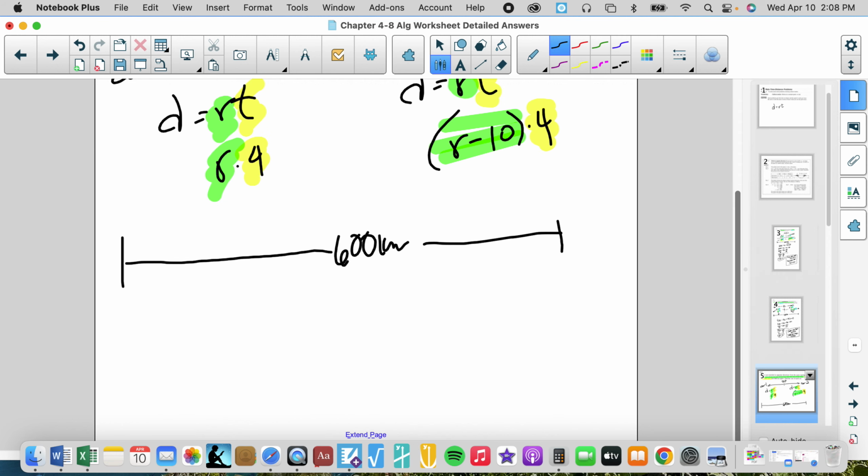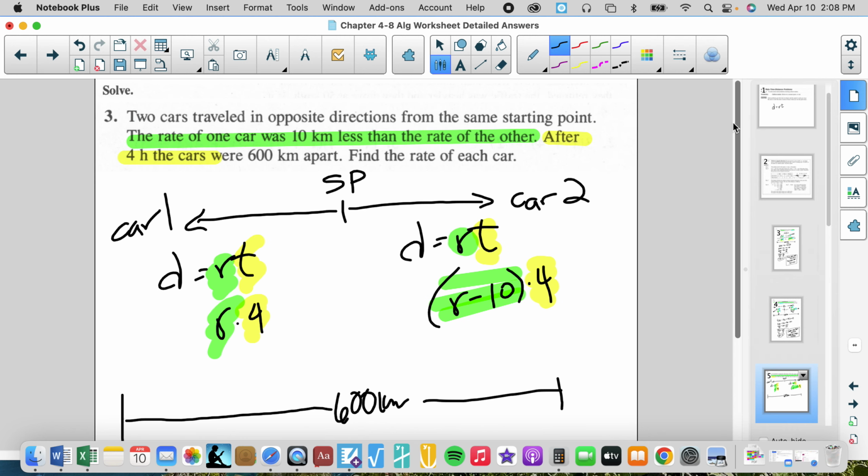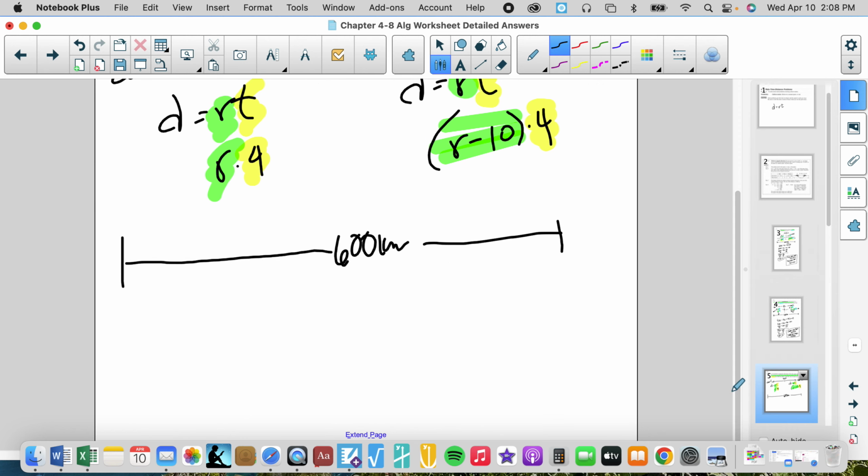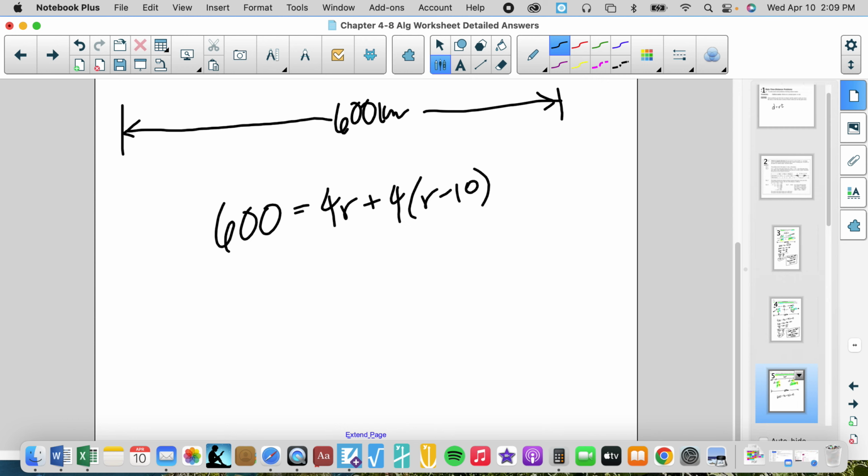Now on our third one, we see a lot of similarities. We see how we're setting this up. The total distance equals the sum of the parts. That's car 1 distance. This is car 2 distance. The only difference is making sure how the speeds are related to each other.